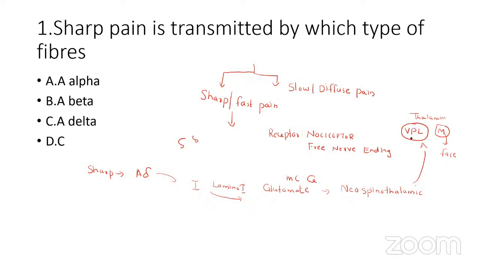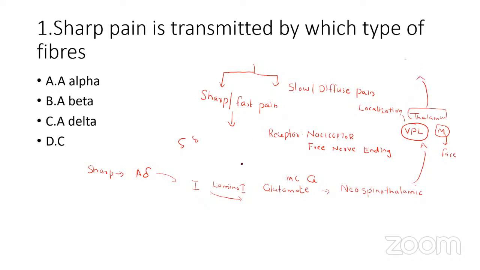It is the ventro-posterolateral nucleus of the thalamus. Another important point is that the thalamus helps the localization of the pain. Localization of pain occurs at the level of thalamus, not at the level of cerebral cortex. From the thalamus, it goes to the somatosensory area of the brain.